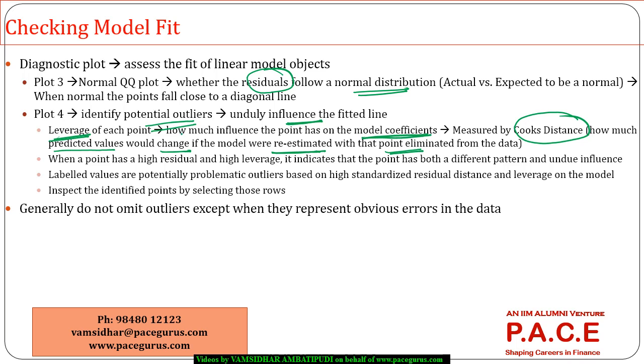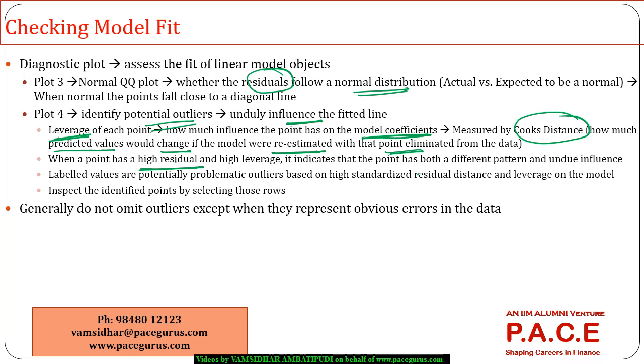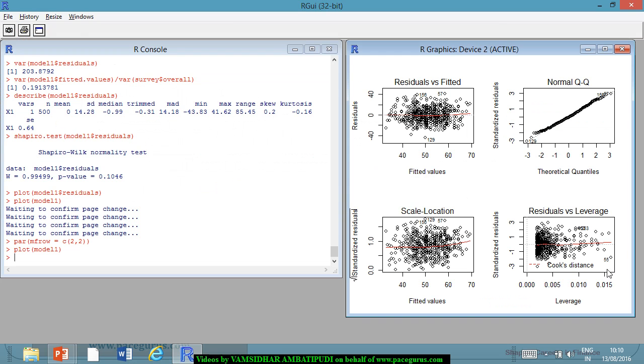So any point that has a very high residual is more like an outlier, and we want to look at both high residual and high leverage. So we are plotting between the leverage and the residual. Any values that have high residuals and high leverages are very big outliers. That one single point has a different pattern from the rest because the residual is higher, and it is also creating a very high undue influence on the model.